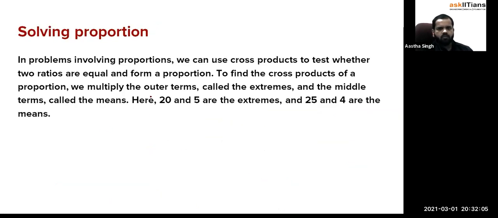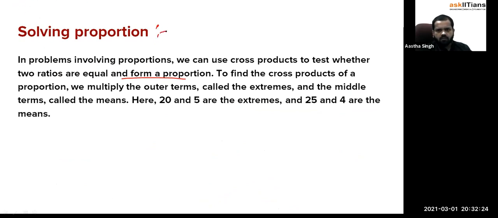So next is solving proportion. In problems involving proportion, we can use the cross product to test whether two ratios are equal. So the point for solving proportion is to cross multiply.